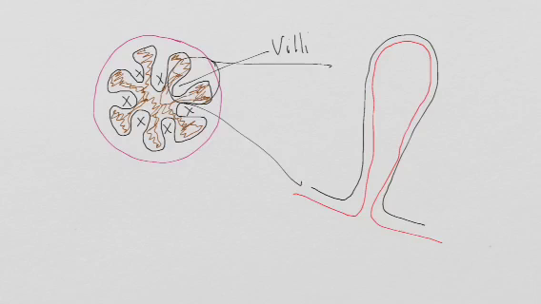This is where nutrients like carbohydrates, C6H12O6, pass this barrier and go into these blood vessels. This is where amino acids pass this barrier and go into these blood vessels.